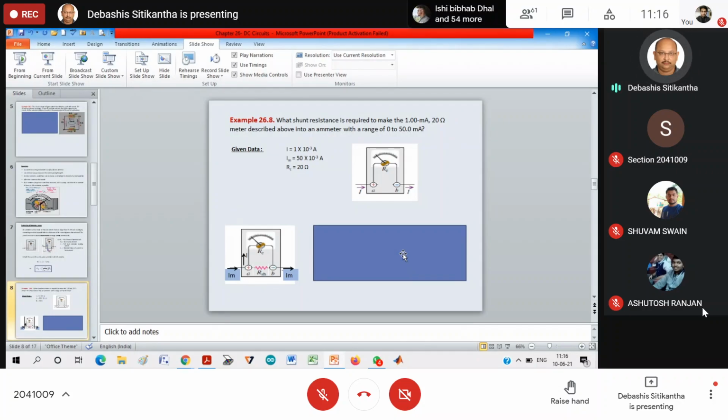I want to extend the range to 50 milliampere, and the resistance of the coil of the ammeter is 20 ohms. Now quickly find out the method by which I can increase the range of this ammeter to 50 milliamp. Please do it within 2 minutes. I am waiting. Please do it. It is the put the formula, get the answer type. Very easy to do.